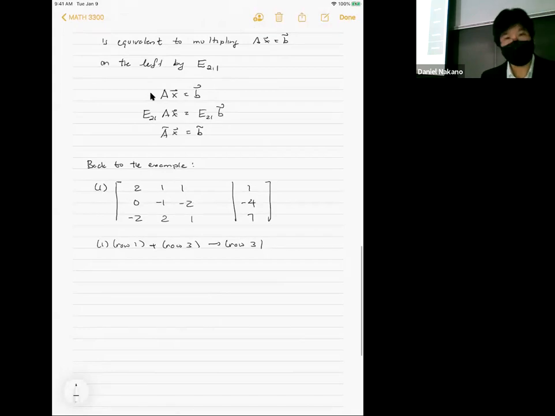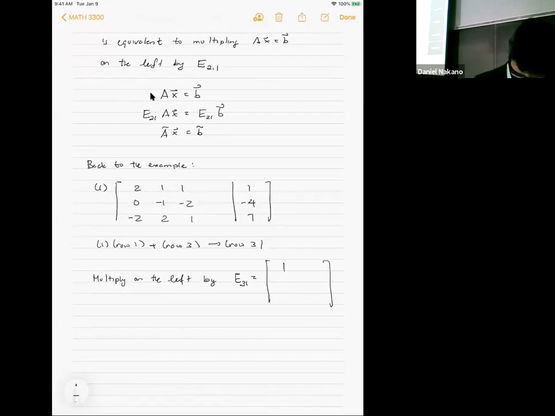Just like before, we can just multiply on the left by E31. And that's the matrix 1, 1, 1. And then what do you think we put in the 3, 1 spot?